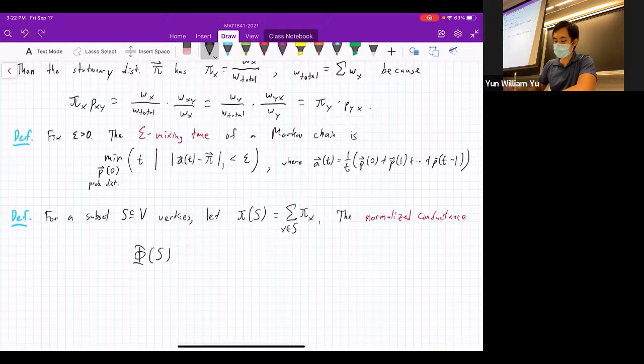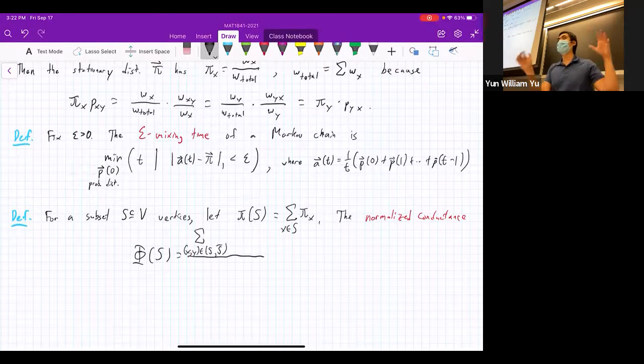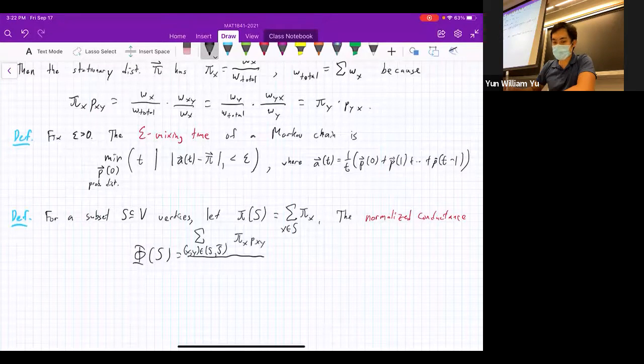Phi of S is equal to a sort of ugly sum, but we'll see it has a nice intuitive explanation in a moment. The sum over x in S, y in S bar, so over all edges between your set S and something not in your set S, of pi x p x y, over the minimum of pi of S and pi of S bar. Note here, I'm using S bar to mean V minus S.